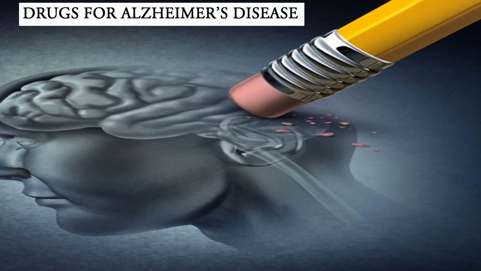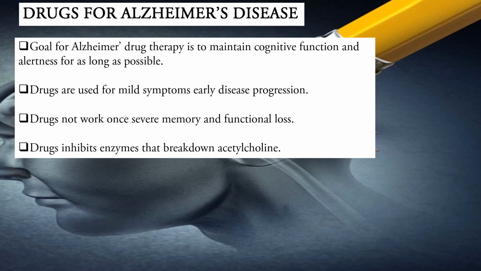Next, we are going to see the drugs for Alzheimer's disease. The goal of Alzheimer's drug therapy is to maintain cognitive function, that is thinking and memory, and alertness for as long as possible. Drugs are used for mild symptoms and early disease progression, and drugs don't work once severe memory and functional loss happen. The drugs inhibit enzymes that break down acetylcholine.